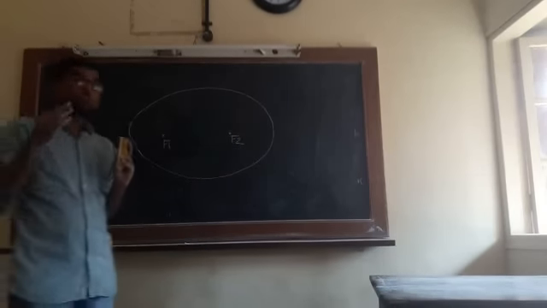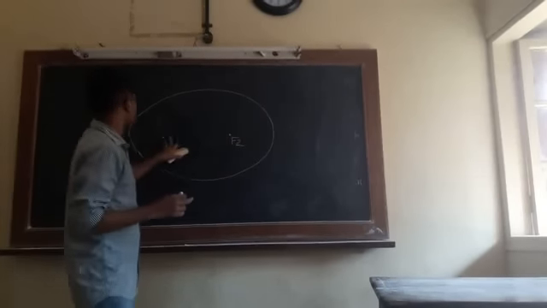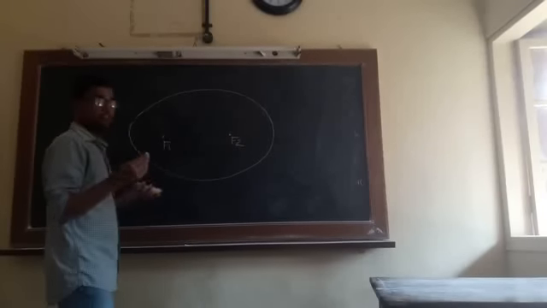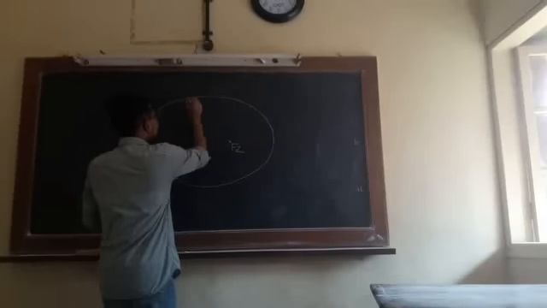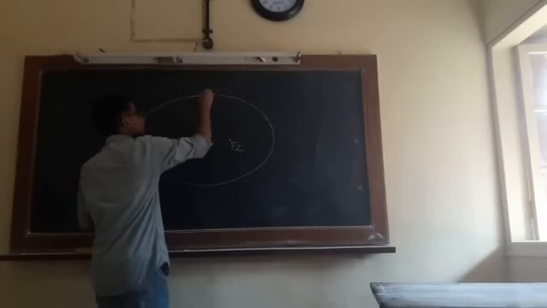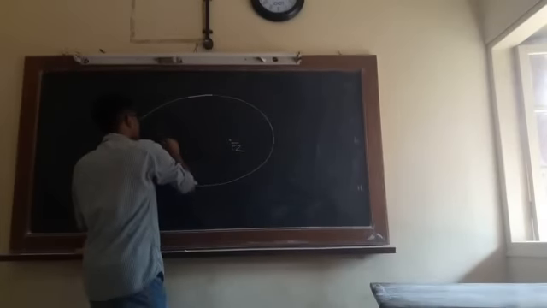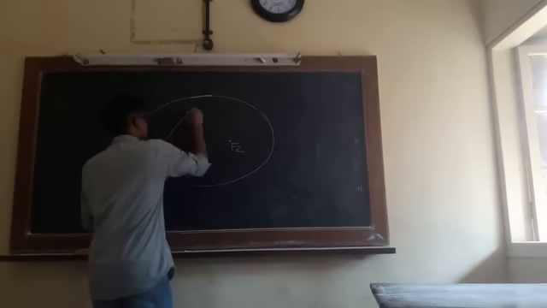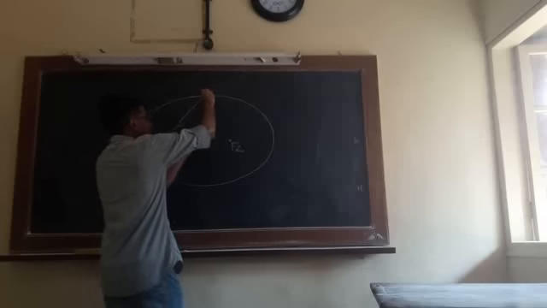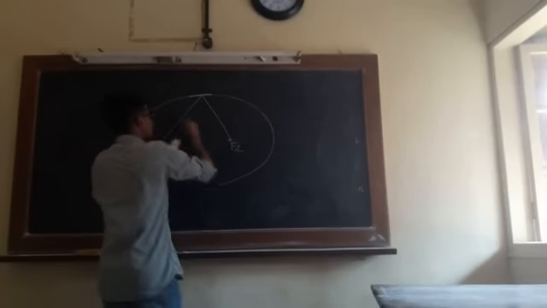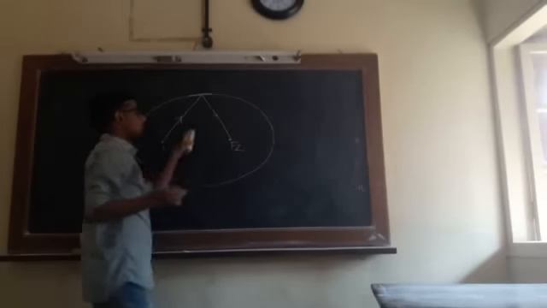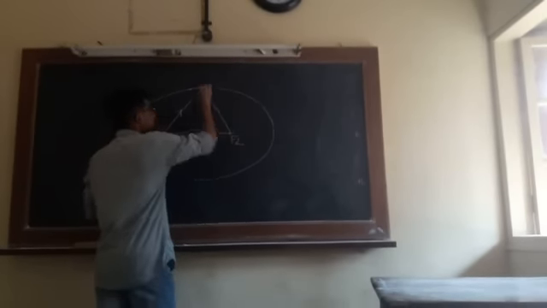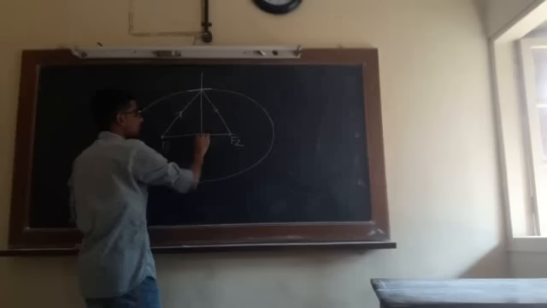Suppose I want to send a signal from point F1 to F2 by the law of reflection. So what will I do? I will consider a horizontal plane mirror here, and I will send a ray of light here, and it will reflect back to point F2.